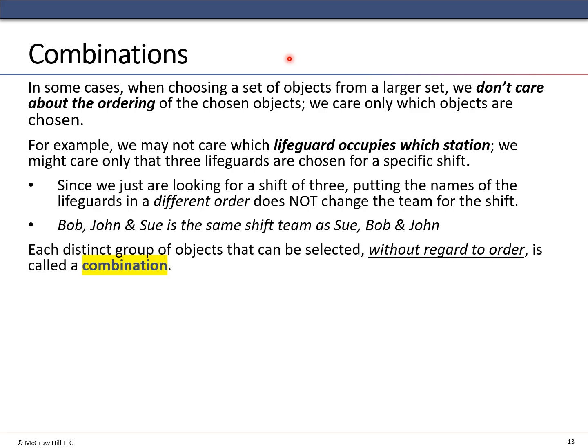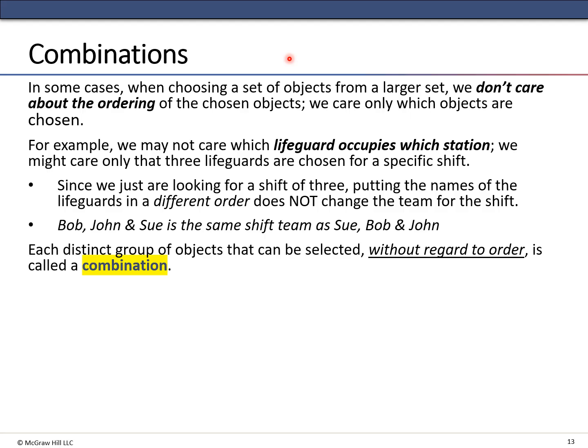When you have a distinct group of objects that can be selected without regard to order, meaning that if you reorder them, it is the same group, then this kind of experiment or example is called a combination. So like in permutations, Bob, John, Sue is different than Sue, Bob, John because the station was important.